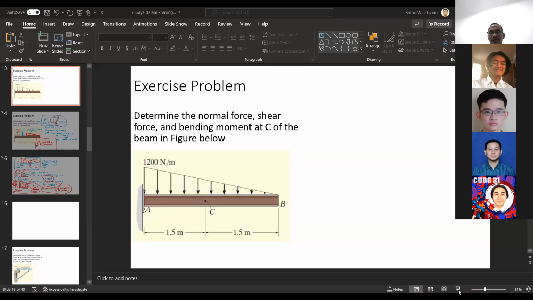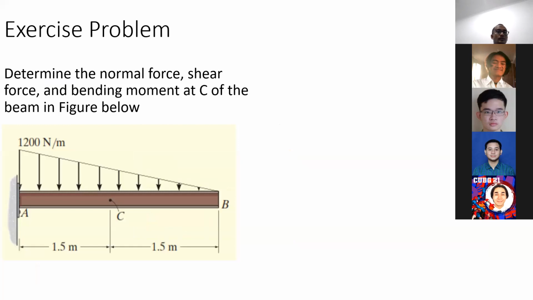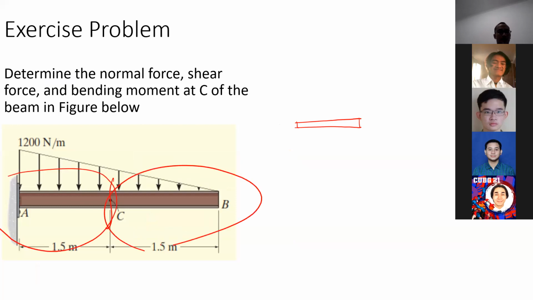In order to find out the internal force at C there, what you're supposed to do is just to do a section there, and then draw the free body diagram of that particular section. Why don't we have to solve for the external forces here? Because as usual, when you do a section, we can solve for the left section or the right section.